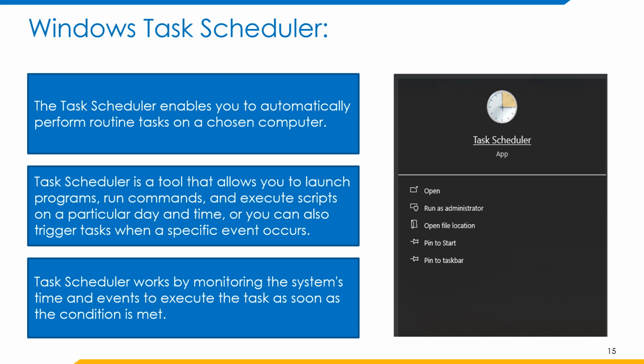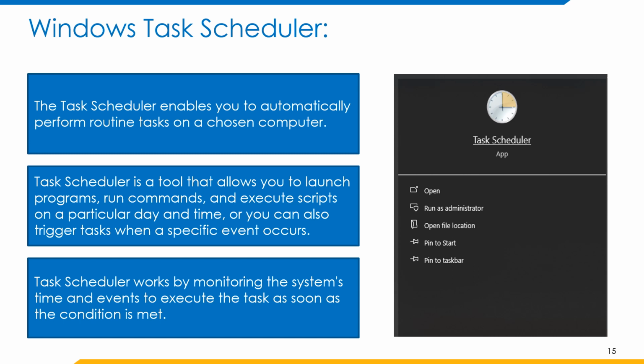It enables you to perform various actions such as running programs, scripts, or batch files at a predetermined interval or when specific conditions are met. Task Scheduler is commonly used for automating routine maintenance tasks and running backup files, making it a useful tool for managing and optimizing computer operations.